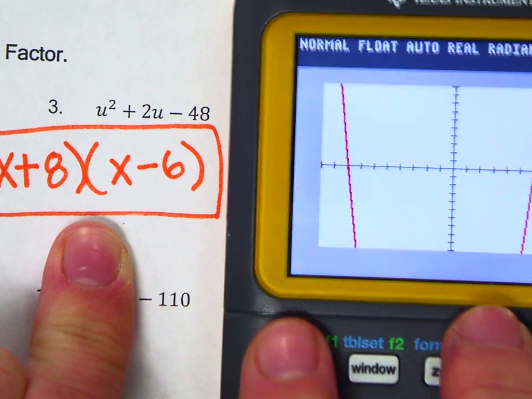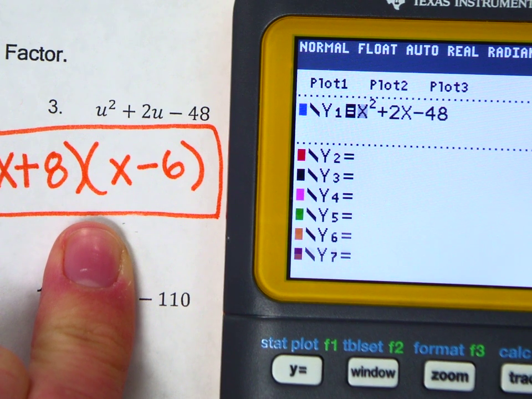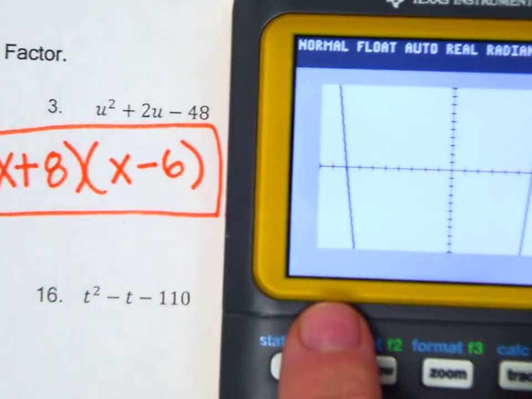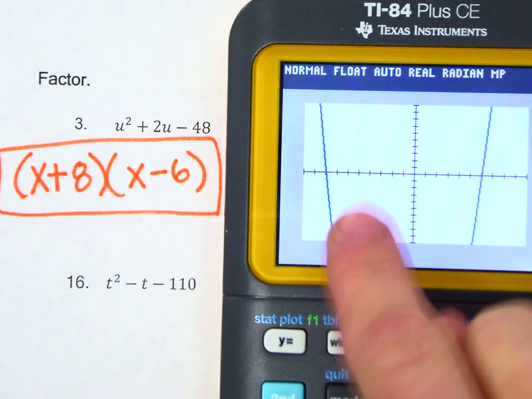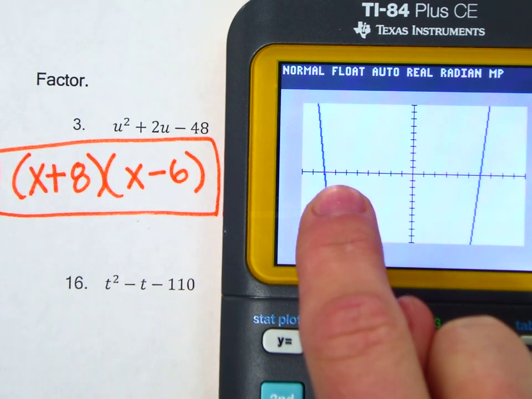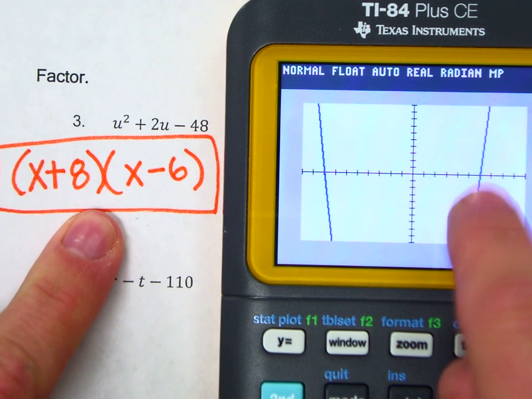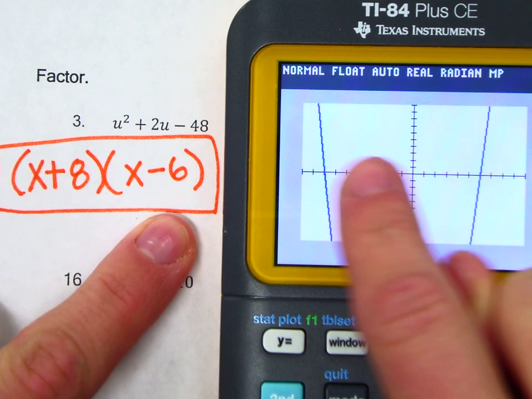Another thing, all right, so if you type in your original problem and hit graph, you should notice that you are crossing the x-axis at similar points. So we're crossing the x-axis at positive 6 and negative 8.